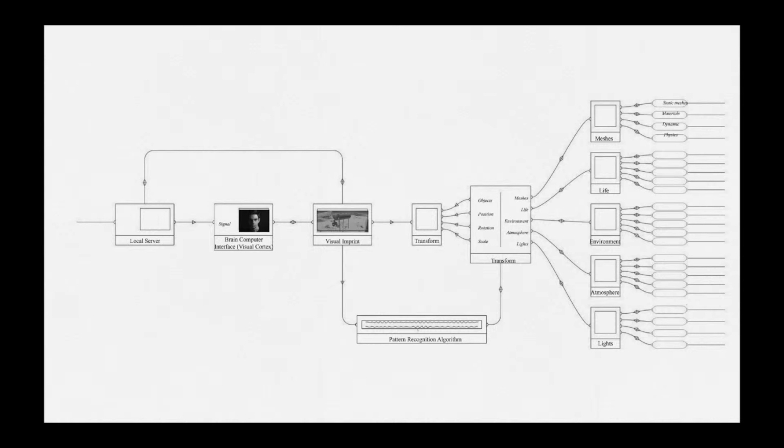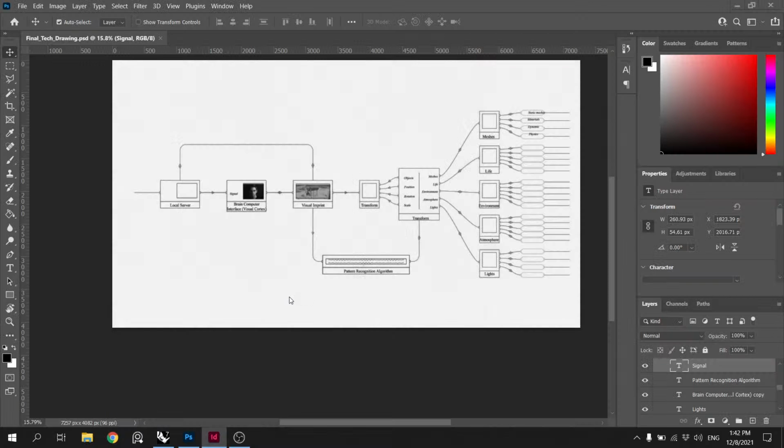Okay, we need the two nodes on top of the visual imprint and local server things. And I think I'll make a little tiny node on top of the pattern recognition algorithm. No, just leave it. Just make the little nodes on top of these ones.